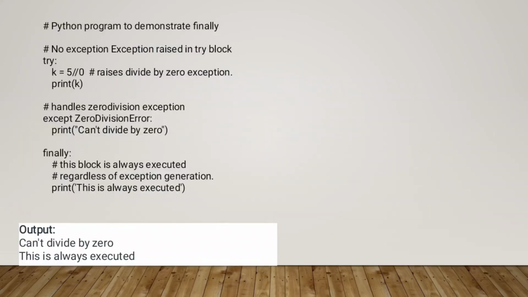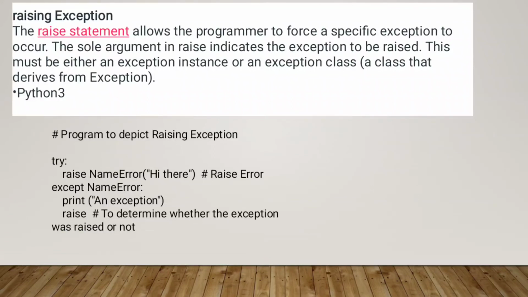And next we have another topic, and the topic name is raising exception. So what is meant by raising exception? We will see the definition. The raise statement allows the programmer to force a specific exception to occur.